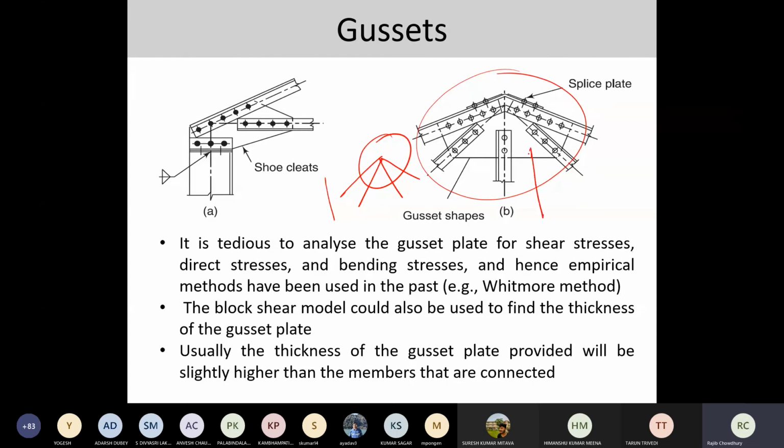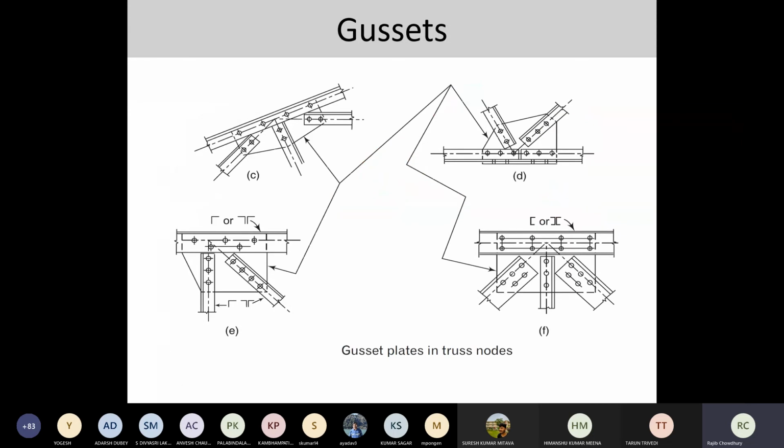So for that, I have to make a gusset plate over here, and by utilizing the gusset plate, I make all the connections. For that, you have to identify the actual thickness of the gusset plate needed to resist the total resultant force coming onto the structure.